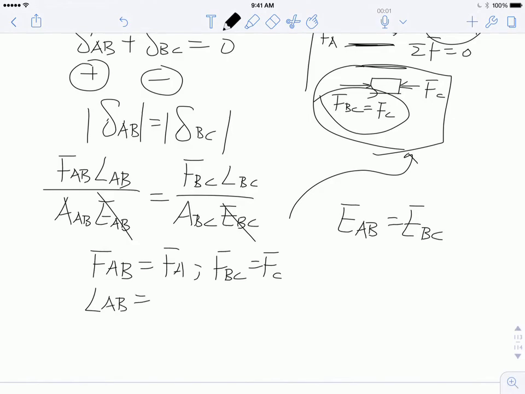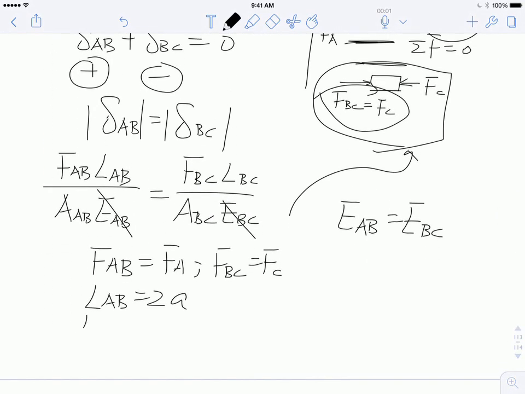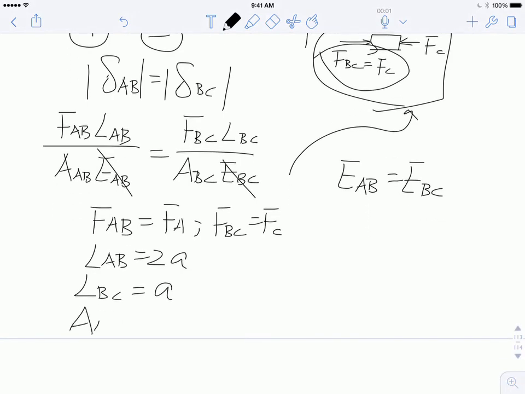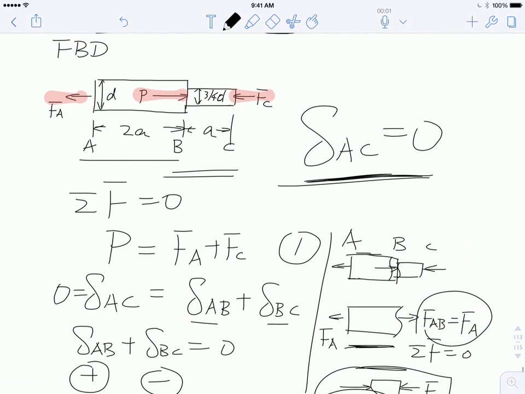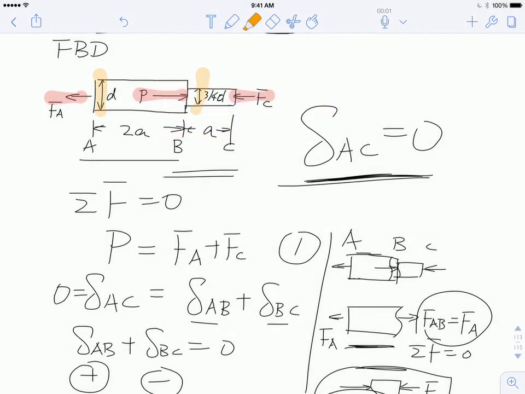The length of AB is 2A, and BC is A, so LBC is A. Now the cross-sectional area of AB is pi over 4 d squared. And the cross-sectional area of BC is pi over 4 times 3 over 4 d, squared, because this time the diameter becomes smaller: one diameter is d, the other one is 3 over 4 d.